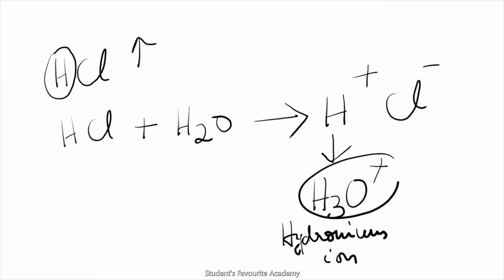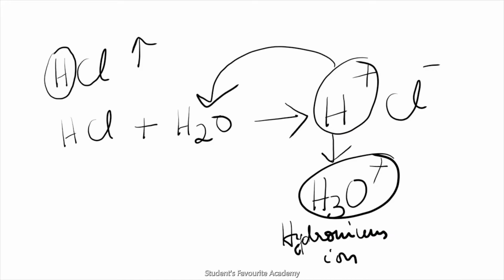So how did this H3O plus form? The H plus ion produced by the hydrogen chloride gets attached to the water molecule, forming the hydronium ion.